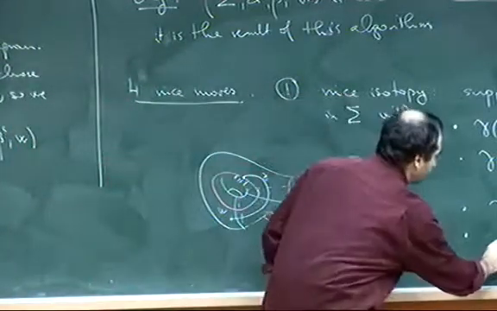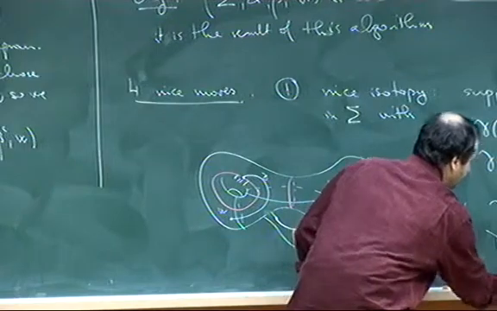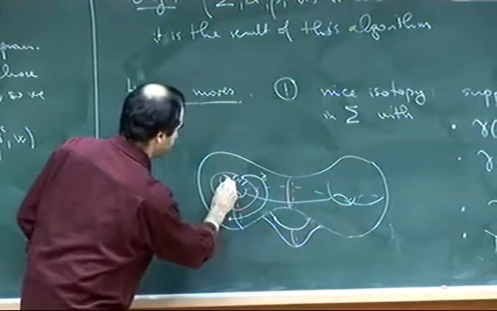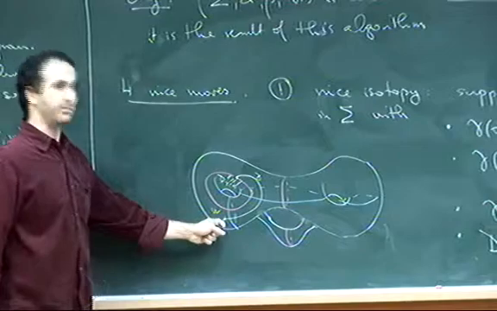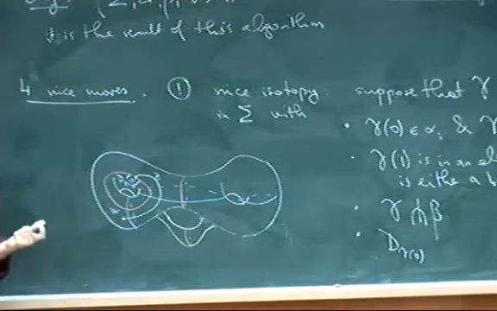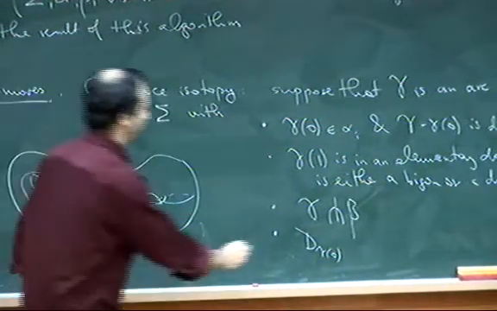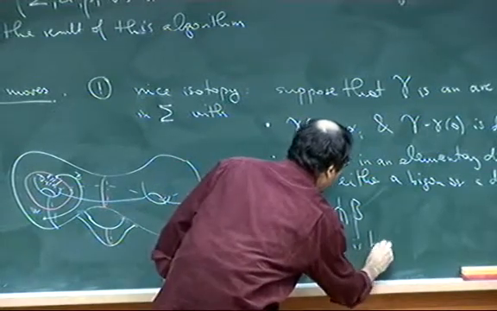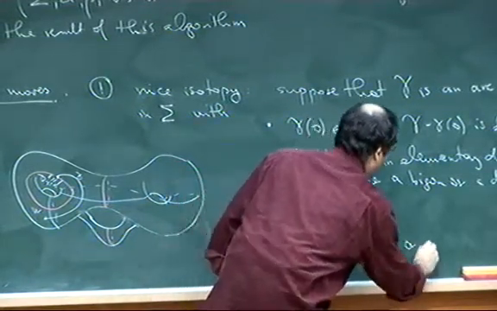This is what I will call D gamma 0. It has the same property as the endpoint: it is either a bigone or contains a point.